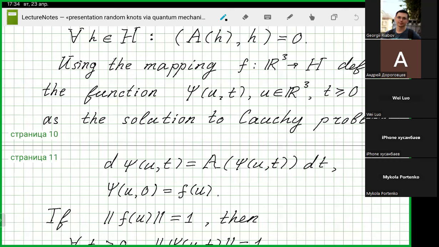Due to the property of our function, if we start from an element which has norm equal to 1, it remains equal to 1, so we have an equation on the sphere in the Hilbert space.